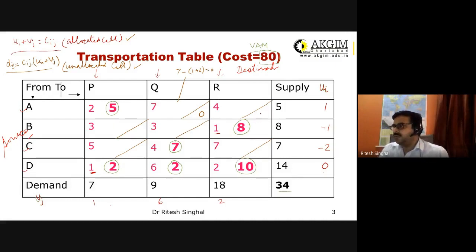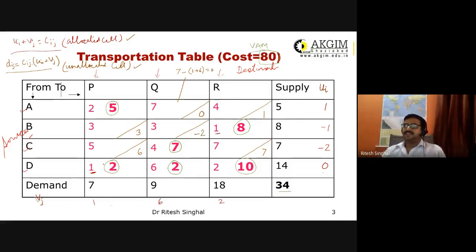Similarly, for this value, this is to be 1, this is to be 7, this is to be written as 3, and this is to be written as 6, and here it is minus 2.